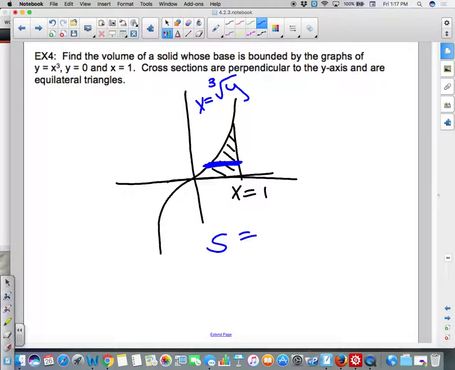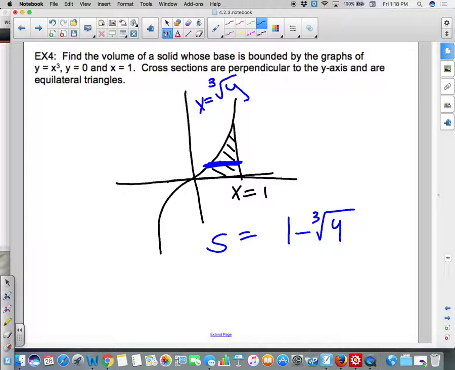This is why the area we did yesterday was important. Yesterday you did right minus left, so you do the same thing with respect to y to get the length. So x is 1 minus cube root of y. That's the length of a side.